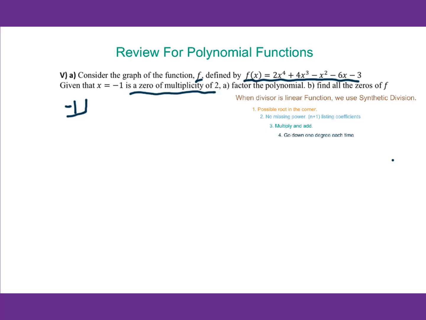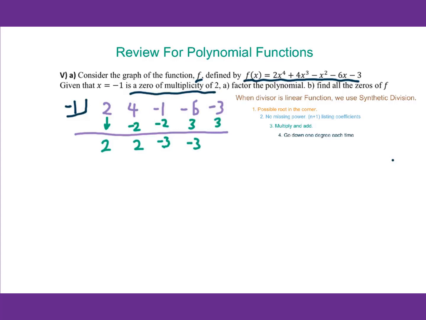We're good, so we list all the coefficients: 2, 4, -1, -6, -3. Here's 2. -1 times 2 is -2, adding gives 2. Multiply by -1 gives -2, adding gives -3. Multiply gives 3, adding gives -3. Multiply gives 3, adding, that's 0.